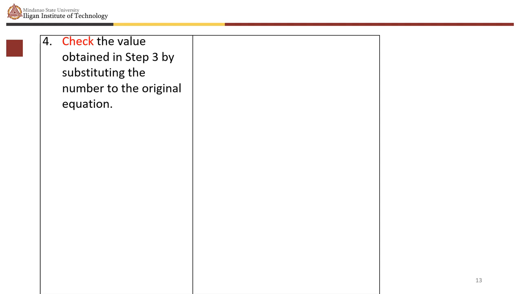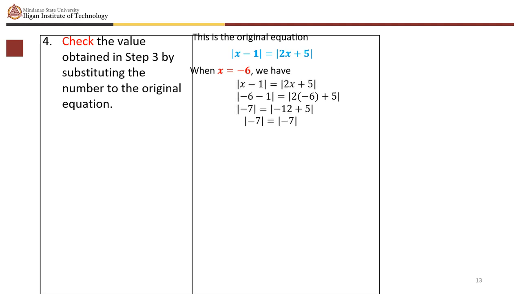So the last part would be to check the values obtained in step 3 by substituting the numbers into the original equation. So this is the original equation. The absolute value of x minus 1 equals the absolute value of 2x plus 5. When x is equal to negative 6, we have the following. So replace x by negative 6.